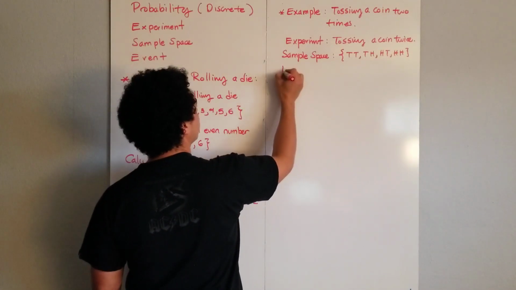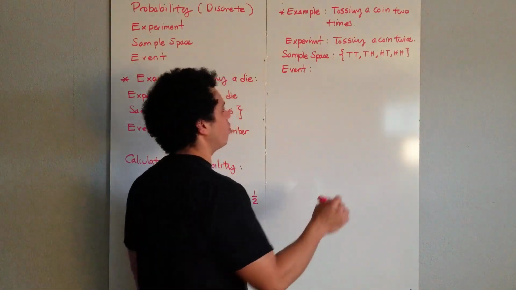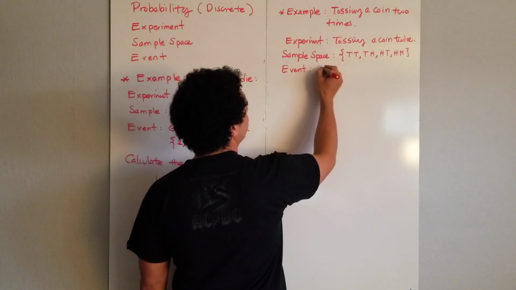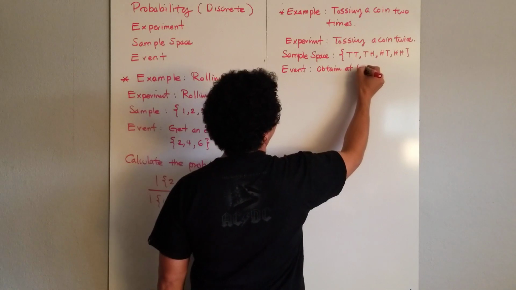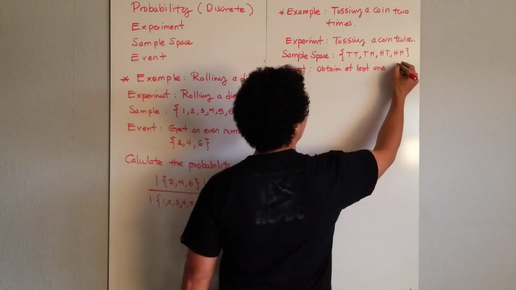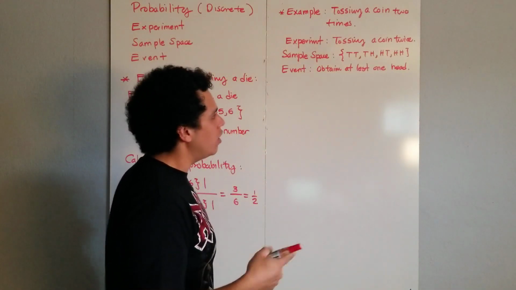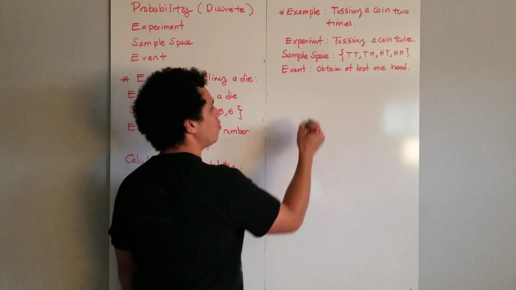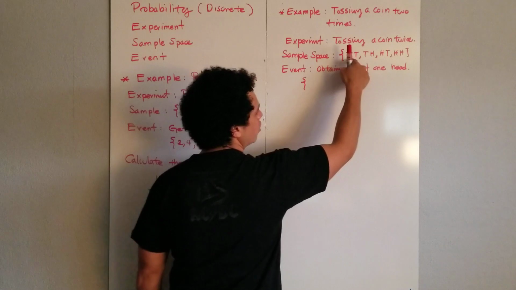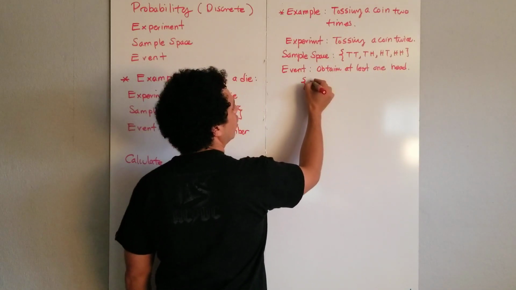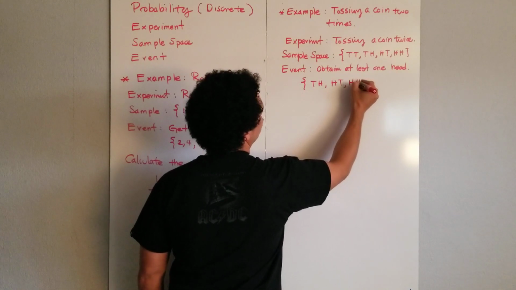And we can set an event which can be described in words like this: obtaining at least one head. Well, as we have seen before, an event is a subset of the sample space. In this case, obtaining one head, well, excluding this one, TH, HT, HH.